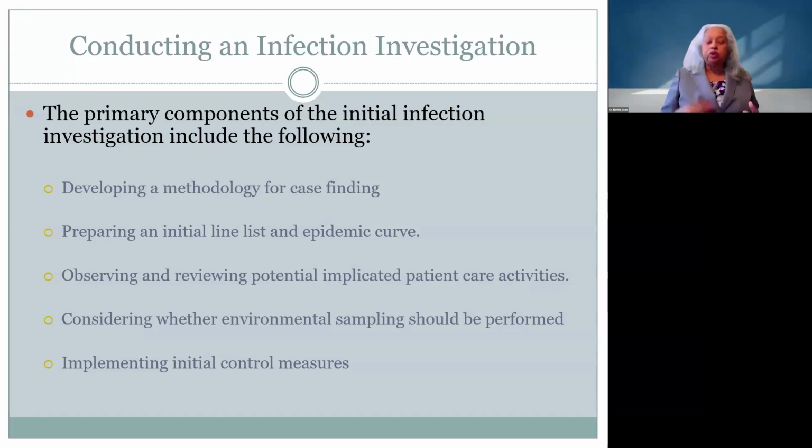You can either do active surveillance, where you go to the physicians, or passive surveillance, where you wait for the surgeons or the offices to tell you, hey, a few patients had surgery over there and they had an infection. It's always better to do active surveillance, because the physicians or physician offices may or may not think it's relevant to come and tell you.